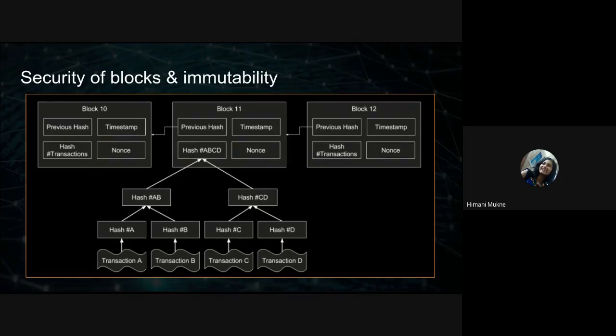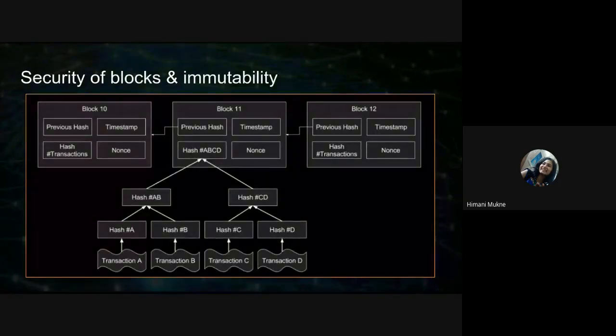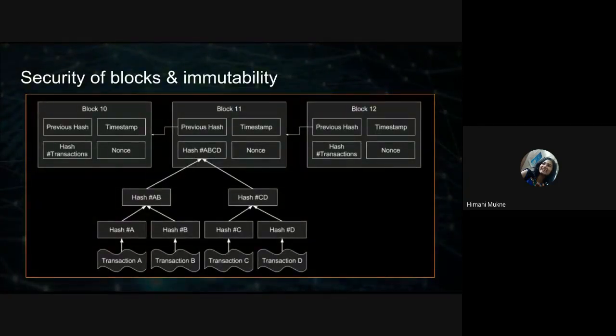But that hash is referenced in block 12 as previous hash. So that hash also changes. Then I have to recompute and change block 13 also, because that hash will also change, and so on and so forth. So this is how immutability is established in blockchain, because you cannot modify even a single transaction because the entire hash will change, which will change the entire blockchain, and it's not possible to change the entire blockchain.